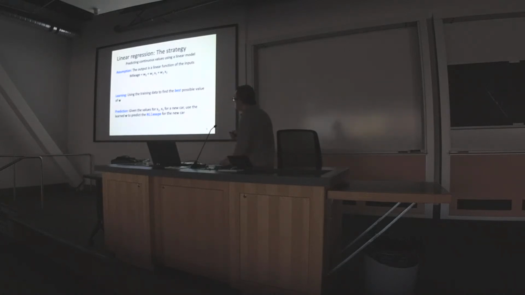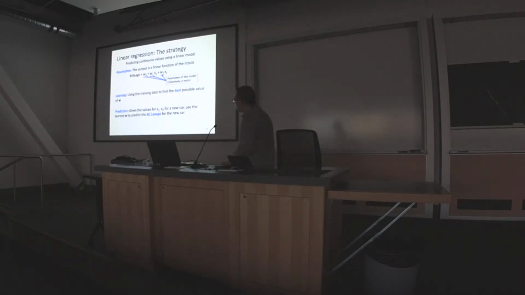And then, what is the learning? The learning essentially is to use the training data to find the best possible value of W. If we collect all the parameters W0, W1, W2, this is a vector, denoted by this bold W. We use the training data to find the best possible value of this weight vector W. Then after the learning phase is done, we want to make a prediction.